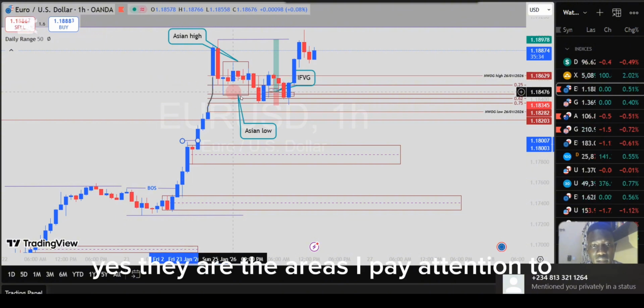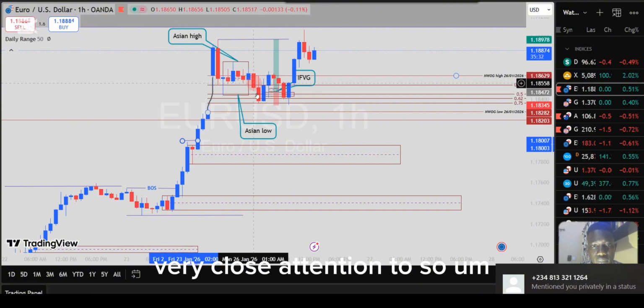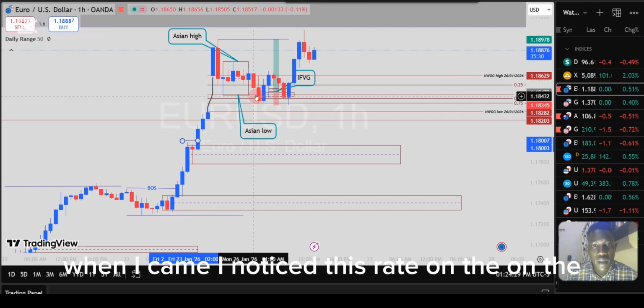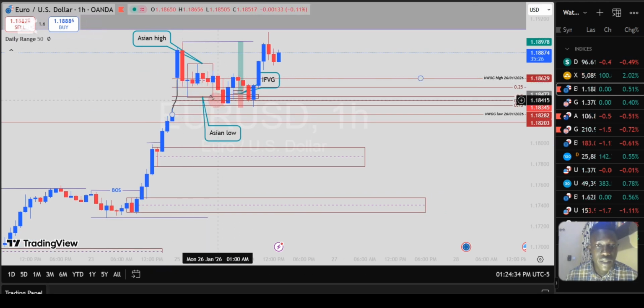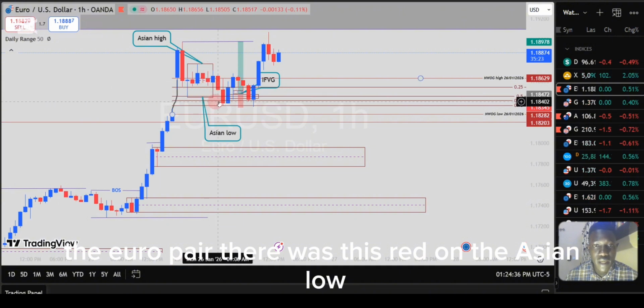So when I came, I noticed this raid on the euro pair. There was this raid on the Asian low.